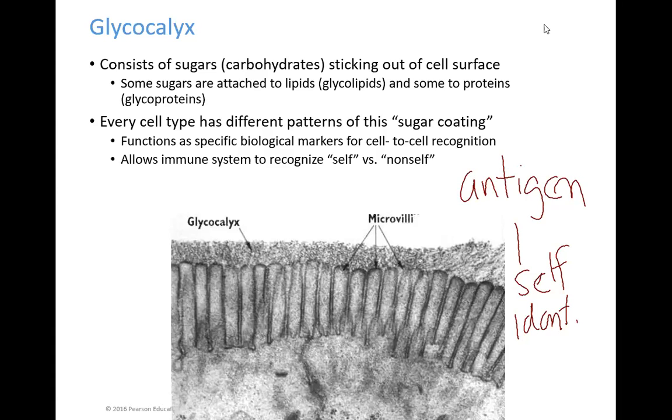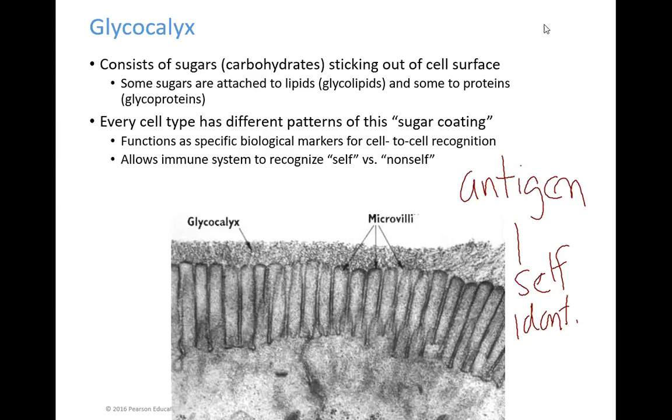Red cells have glycocalyx structures also telling us what blood type we are. All of our red cells have the same glycocalyx sticking up saying, hey, you're type A, or you're type B, or you're AB, or you're O. And that identifies us as our blood type.